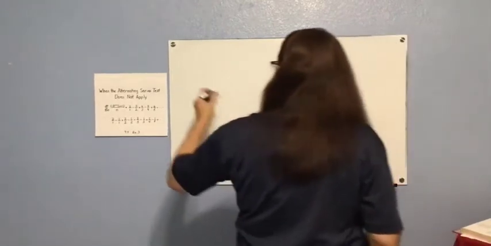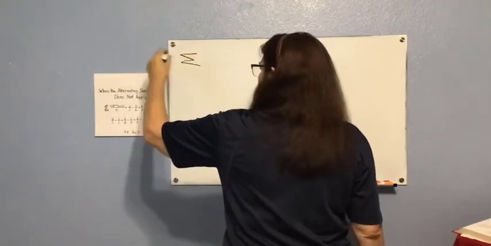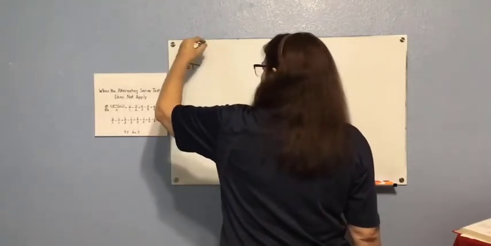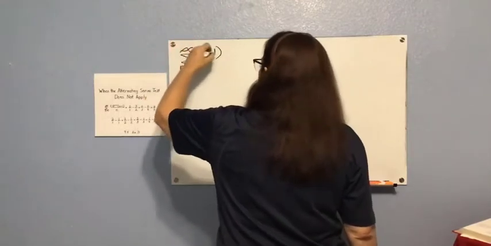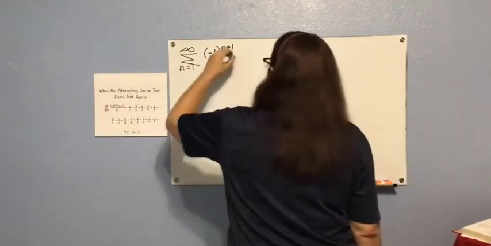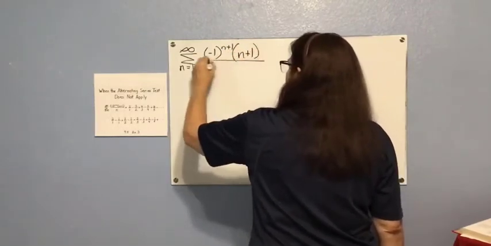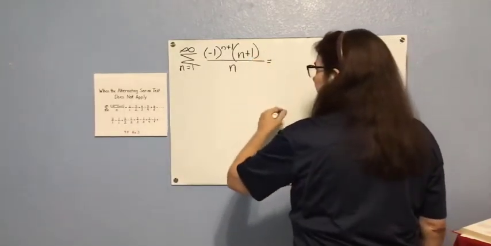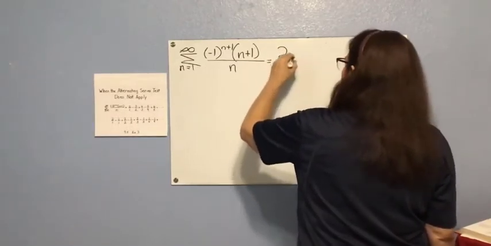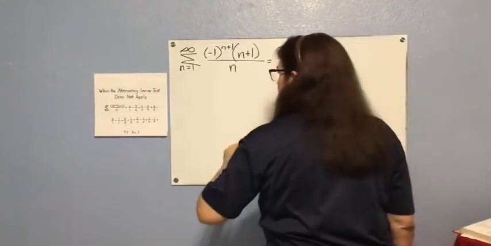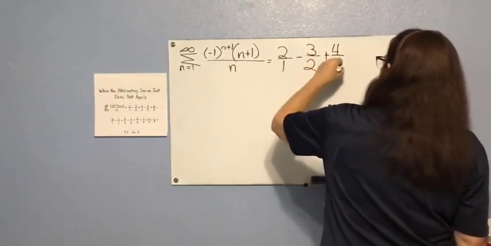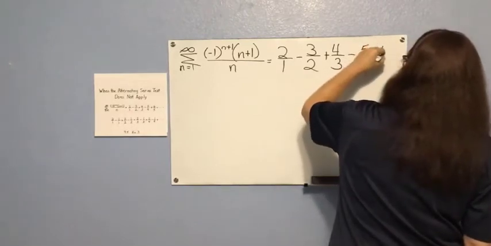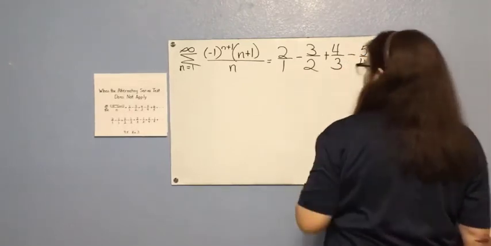So let's look at this series. Which is -1 to the n plus 1 times n plus 1 over n, which gives us 2 over 1 minus 3 over 2 plus 4 over 3 minus 5 over 4 plus 6 over 5, and so on.